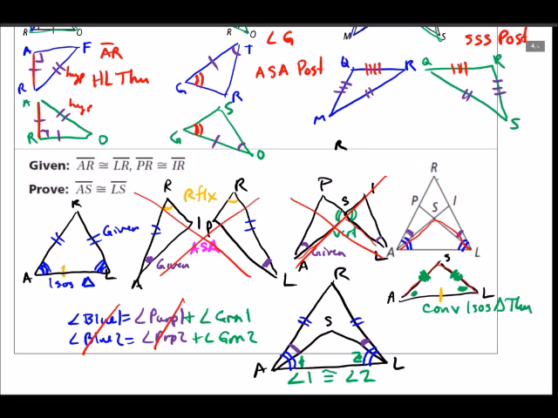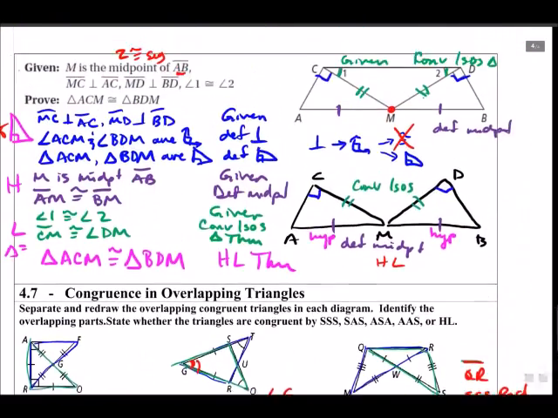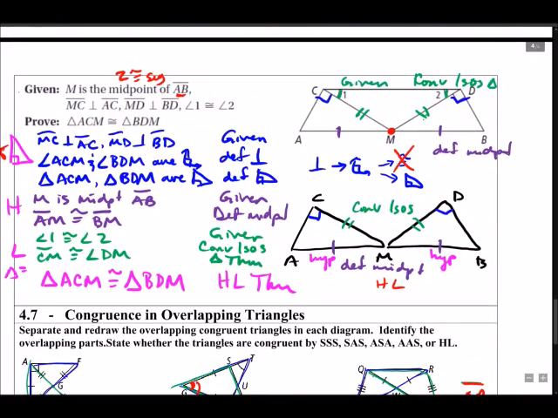All right, so what do we need to remember most? I would say the highlights. Know how to do your perpendicular to right angle to right triangle for the HL theorem.